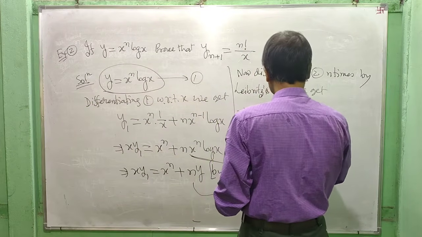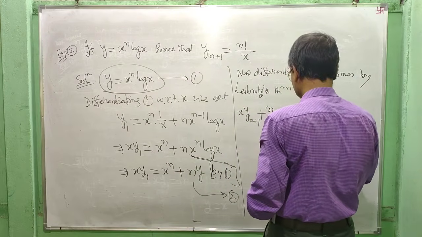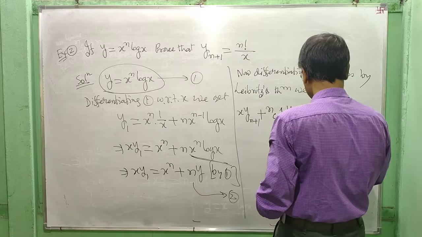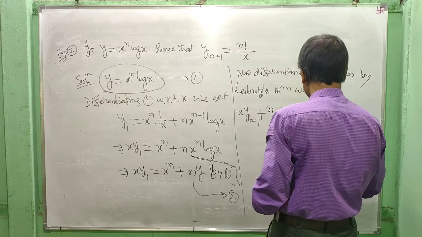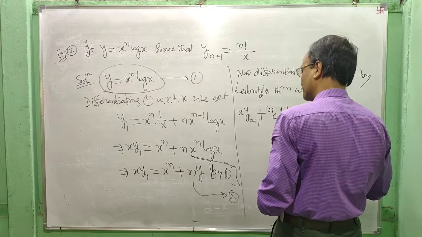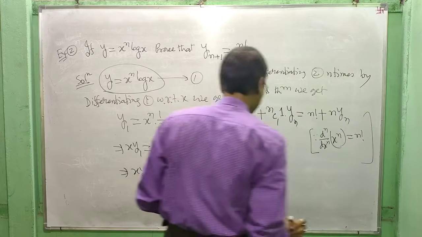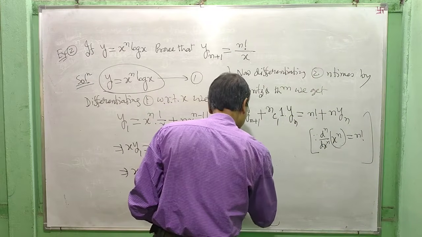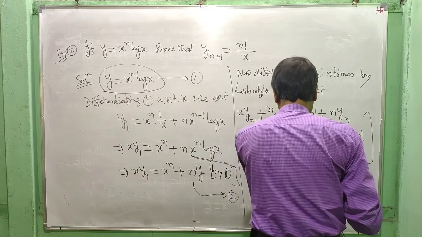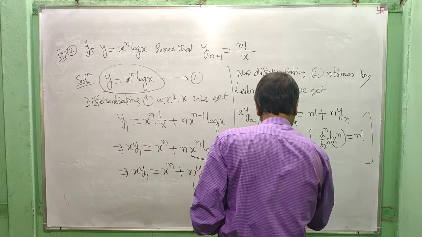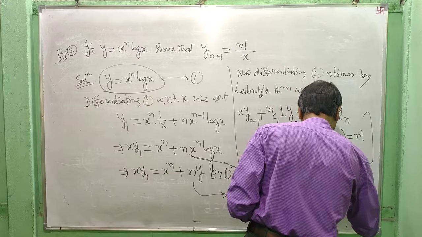So y_n is equal to, differentiation of this, factorial n plus n y_n. You may write here, since d^n of x^n is equal to factorial n, this means x y_n plus 1 plus n y_n is equal to factorial n plus n y_n.